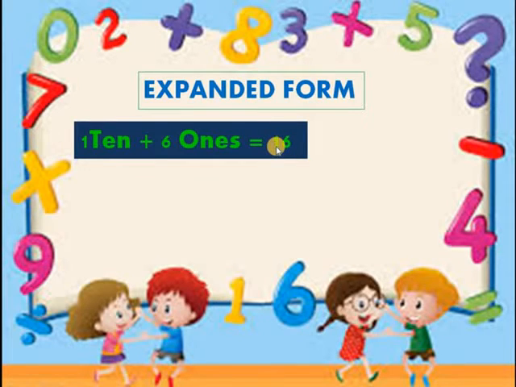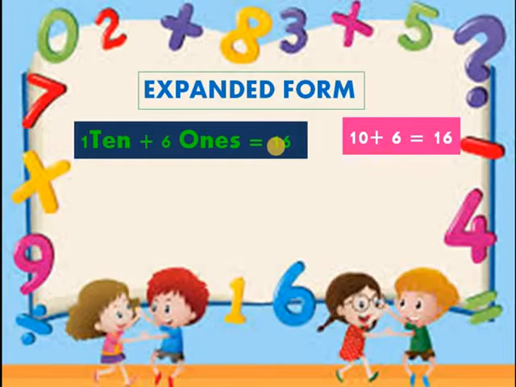The next example is 15. So the expanded form of 15 is 1 ten and 5 ones. That means 5 is in ones place and 1 is in tens place. It can be written as 10 plus 5, which is equal to 15.